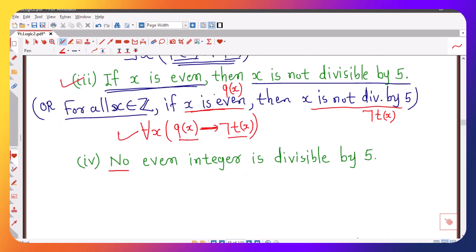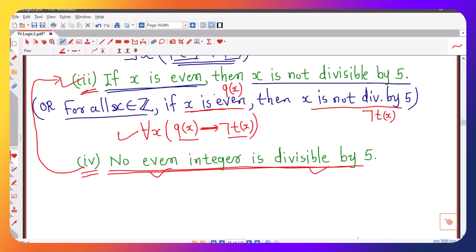Next statement is: no even integer is divisible by 5. If you observe carefully, this means that if x is an even integer, then x cannot be divisible by 5. So statement number 4 is nothing but another, equivalent form of statement number 3. Statement number 3 says that if x is even, then x is not divisible by 5.